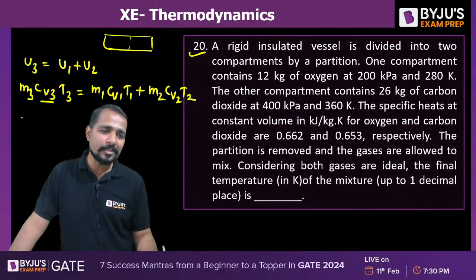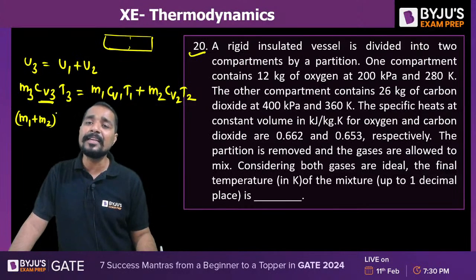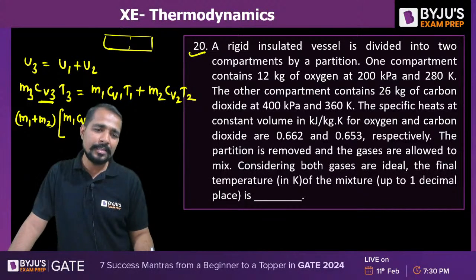Are you aware of this? What is M3? M3 is M1 plus M2. And what is CV3? That is the equivalent, my dear. Can we not write M1 CV1 plus M2 CV2 divided by M1 plus M2? Let me move aside for a minute so that you can check the proper formula, my dear.